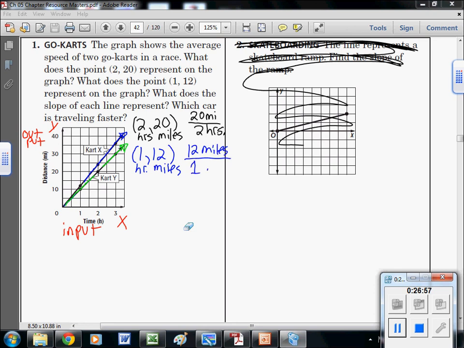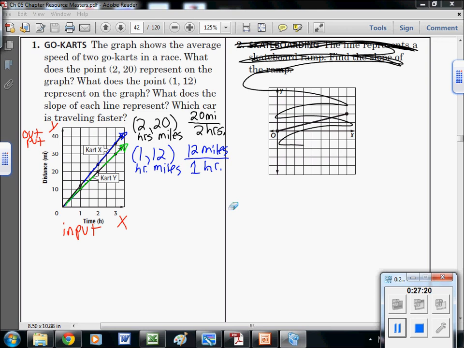So the rate would be 12 miles in 1 hour. Well, hey, that's a rate, but that's also a unit rate. And if you remember what we talked about with finding constant rates of change, the unit rate and the constant rate of change are all the same thing. And so that might mean something. We'll make that connection in a moment.